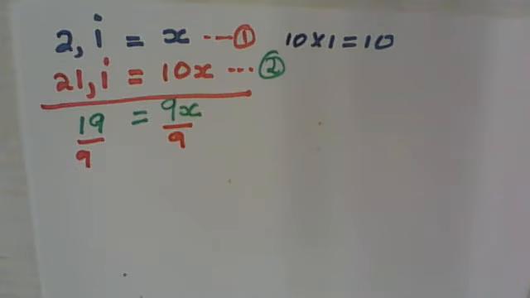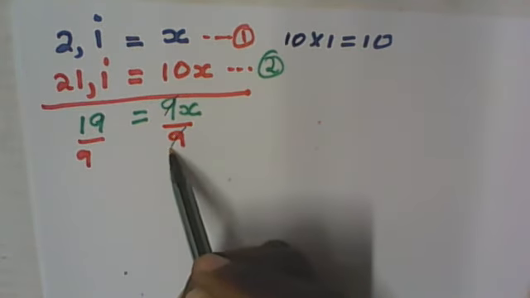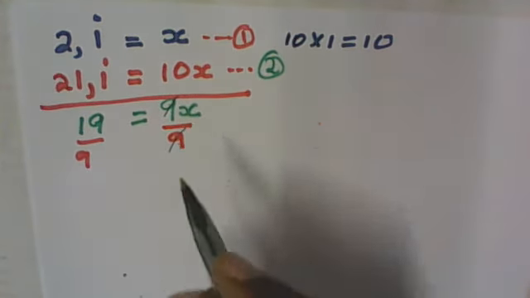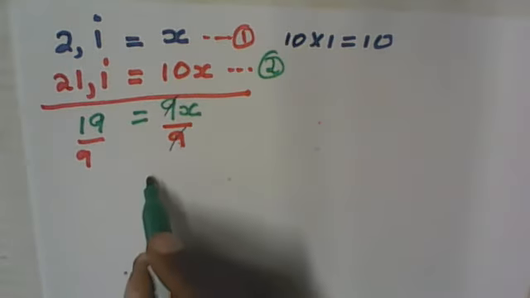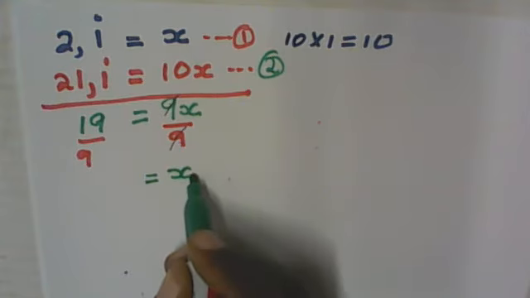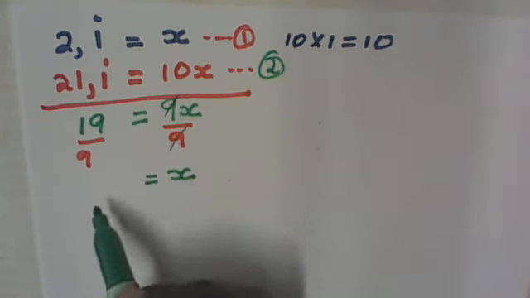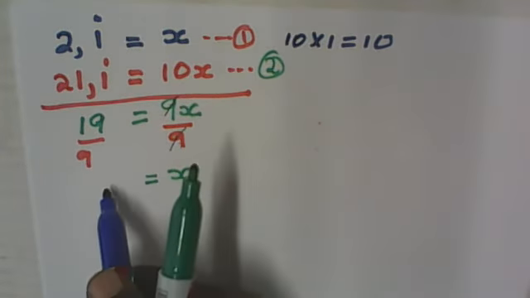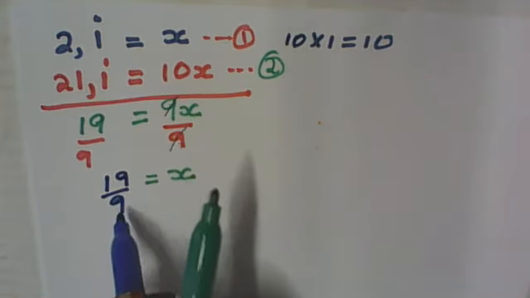And then what is our next move? This divides with this, it gives you 1. 9 over 9 is 1 multiplied by x, and that will give us x. And this is 19 over 9. The final answer is 19 over 9.